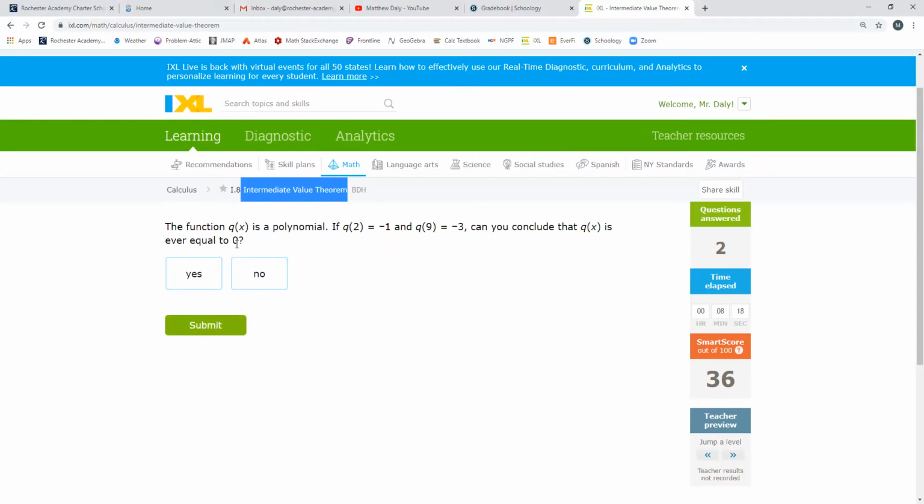So 0 is not in that range, and we cannot be sure that q of x is ever equal to 0. This could be a polynomial that's negative everywhere. You can imagine a quadratic function that only goes as high as -1. That function is continuous, it's a polynomial, but it never has a value equal to 0.